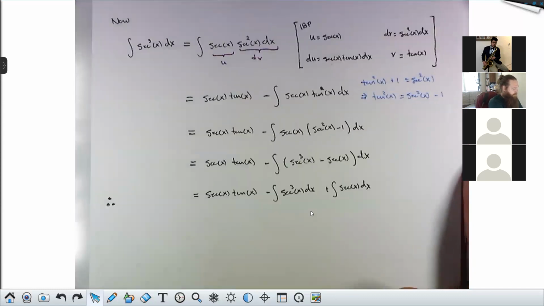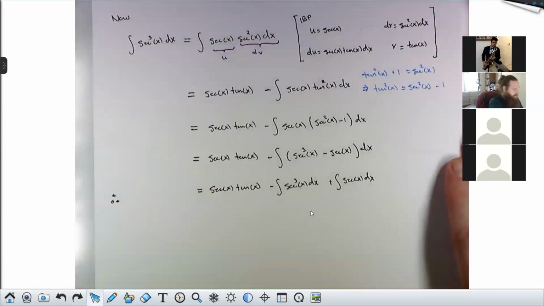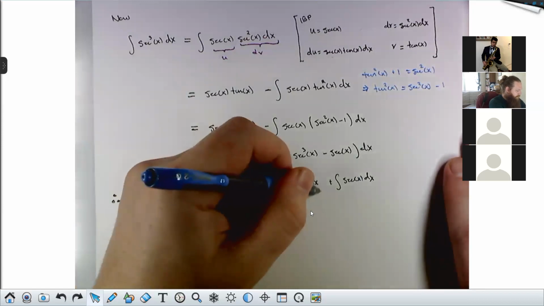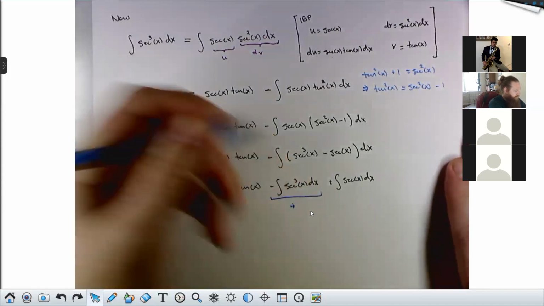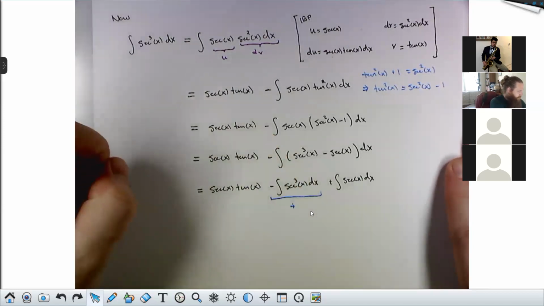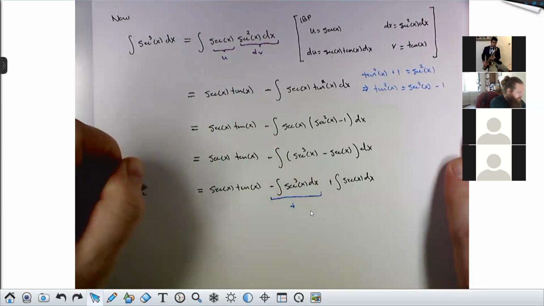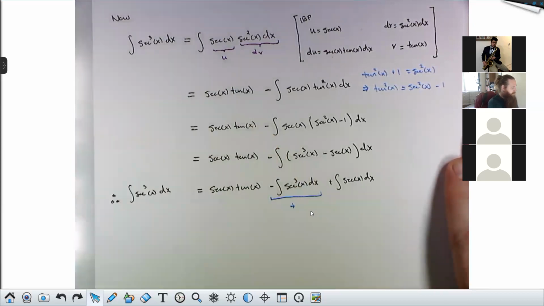Yeah, it's the thing that we did before we started the integral of secant cubed, right? So recall, we're going to add this to both sides. Maybe it will help if I rewrite this like this. The integral of secant cubed x dx equals secant tangent minus the integral of secant cubed.